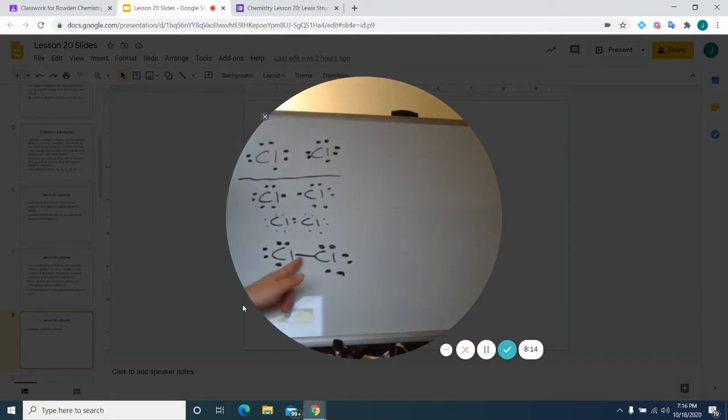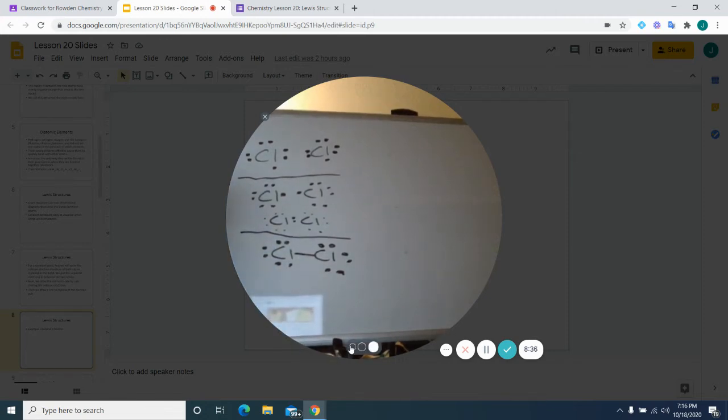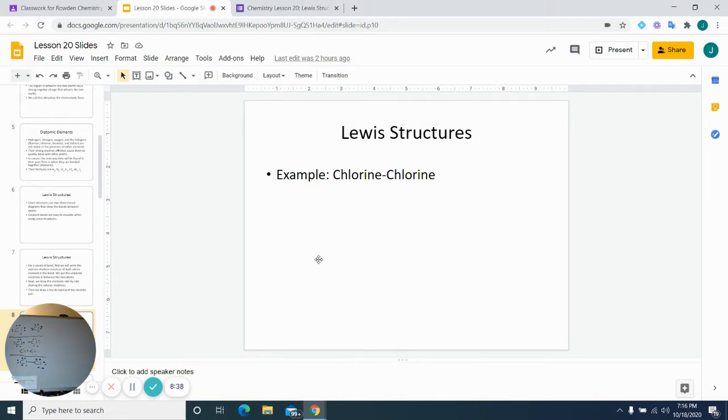That line represents the 2 dots that they're sharing. When you see a line, that counts as 2 for chlorine on the right, but it also counts as 2 for chlorine on the left. So in total, this is 1, 2, 3, 4, 5, 6, 7, 8, and 1, 2, 3, 4, 5, 6, 7, 8. That's what a Lewis structure looks like for diatomic chlorine.